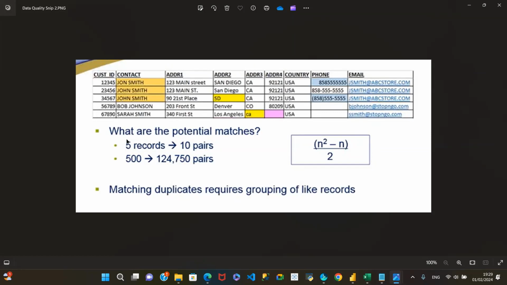Okay, and the potential matches where we've got just 5 records here. If we try to do a match here, there's a possibility of generating 10 pairs of data from there. And that's not right.